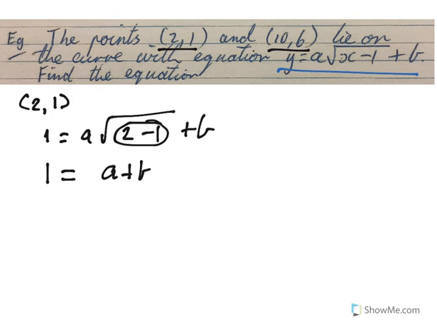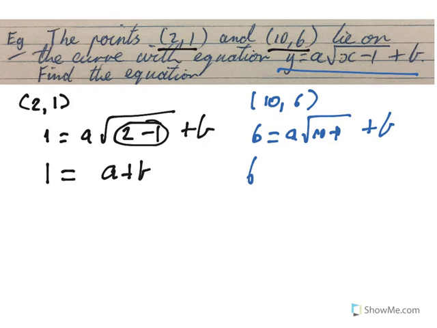If I take the other point, (10, 6), and put that in, then I get that 6 equals a square root of (10 minus 1) plus b. 10 minus 1, of course, is 9. The square root of 9 is 3, so I get 6 equals 3a plus b.